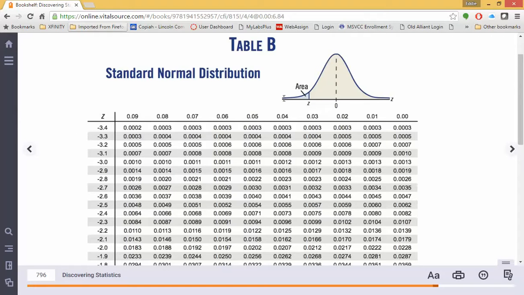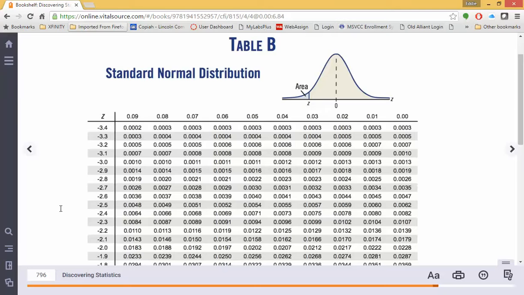And so it does the same thing, it's just this table has negative z-scores, so any z-score that's negative, whenever you look up that z-score in the chart, you will get the area under the curve, all right, which corresponds to a probability, because the area under the curve equals 1, and we know that the sum of all probabilities is equal to 1.